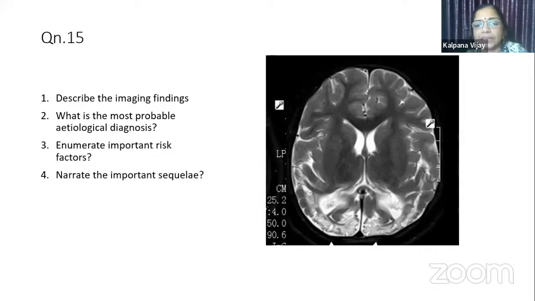Seizures are not occasional; they are very frequent and often intractable. Even surgery cannot be done in these children because it is in the medial occipital region. So there are intractable seizures, and squint also will occur. These children can also present with West syndrome. So this hypoglycemic brain injury is very, very important.